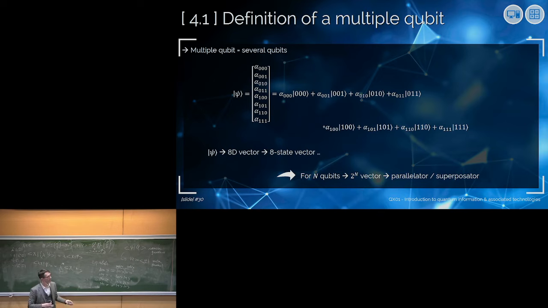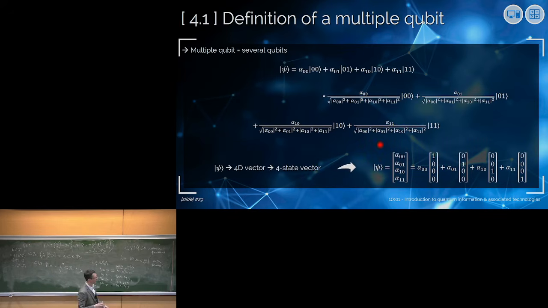The most general state would look like this, with alpha 0,0,0 times the first basis state, plus the second one, and so on and so forth. So the exact equivalent of this, but now with 8 components.